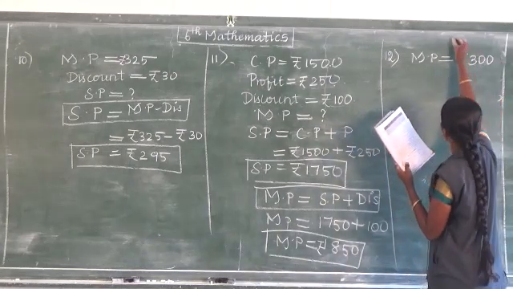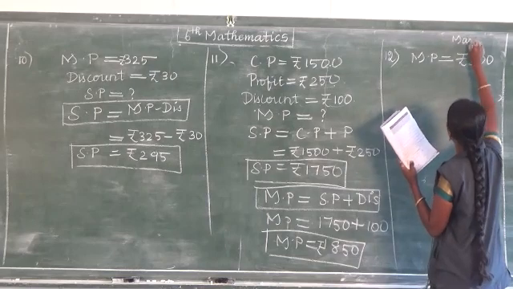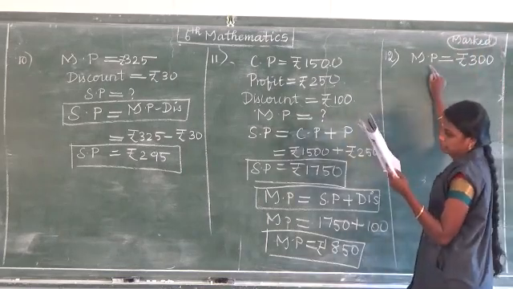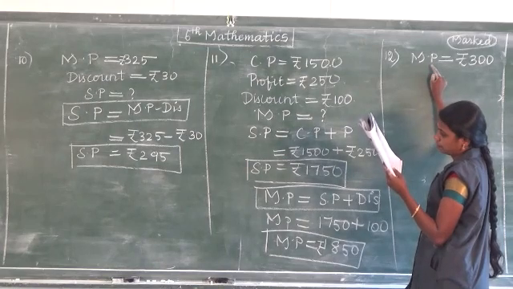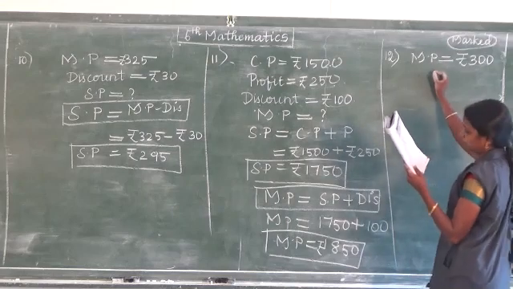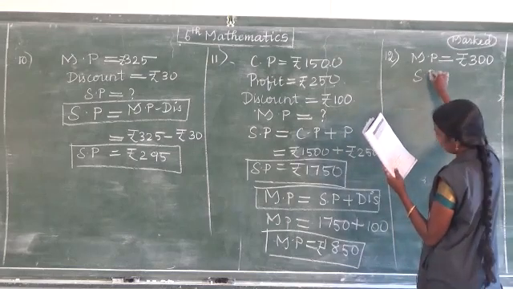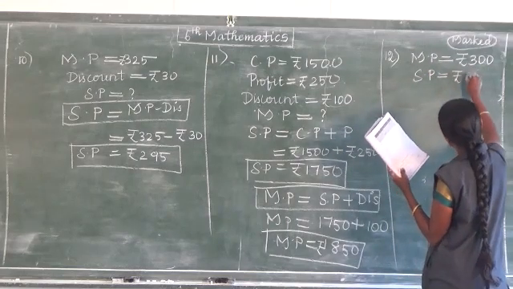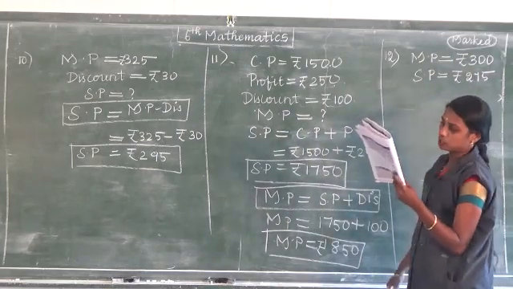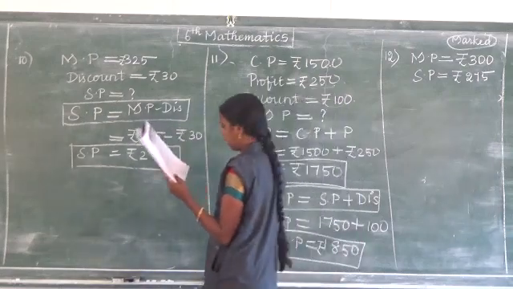Whenever the word marked is there, it is marked price. MP, marked price is 300, but she sold it for only rupees 275 per pack. So selling price is rupees 275. What was the discount offered by her per pack?